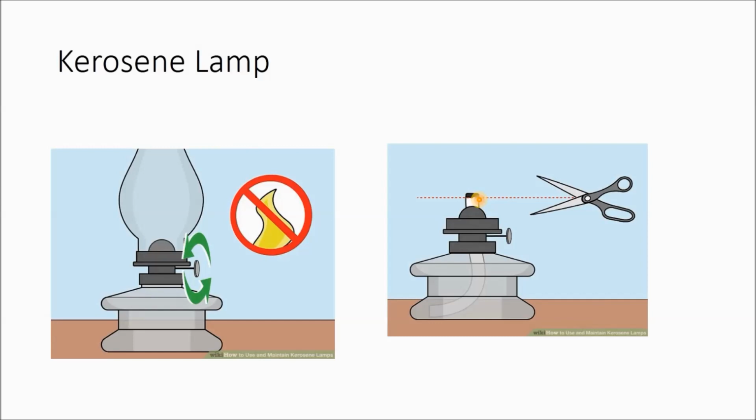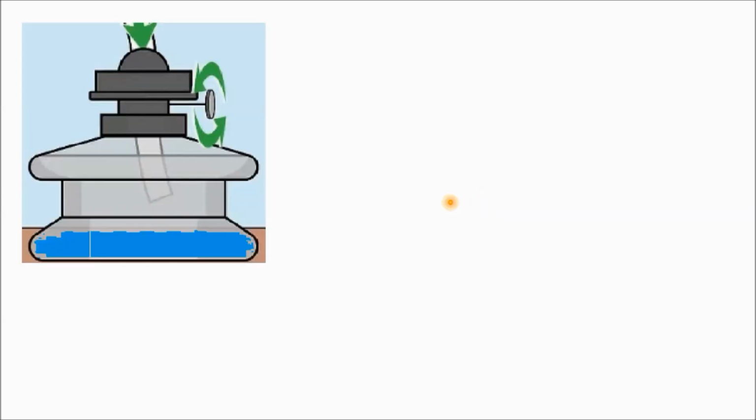But if you keep cutting day by day or month by month, the wick height reduces and it can no longer reach the kerosene. That day it happened to me. I was not able to get a proper flame, and after some time it went off, because the wick could not reach the kerosene.